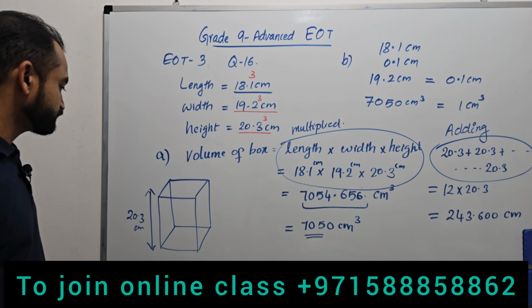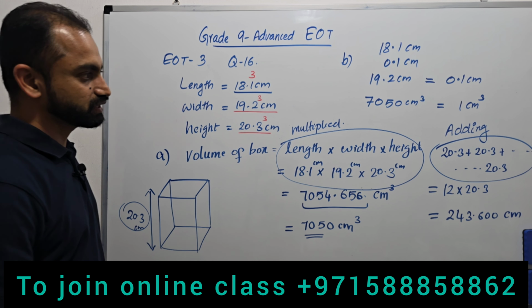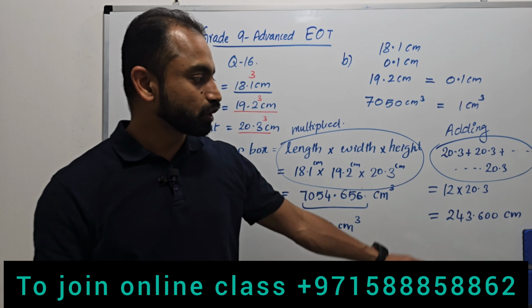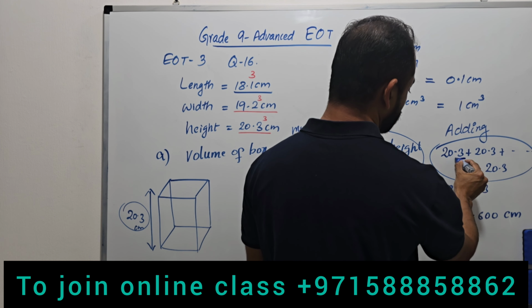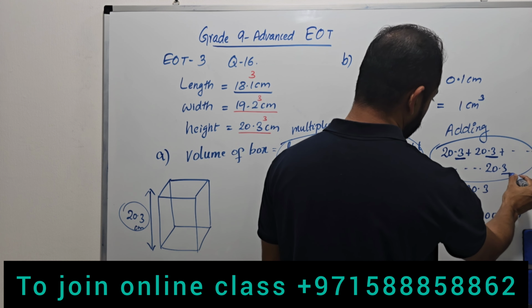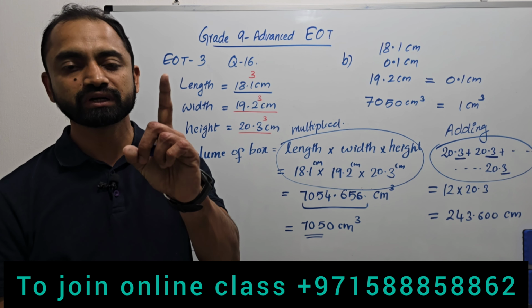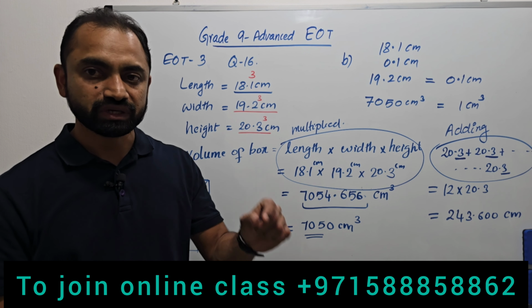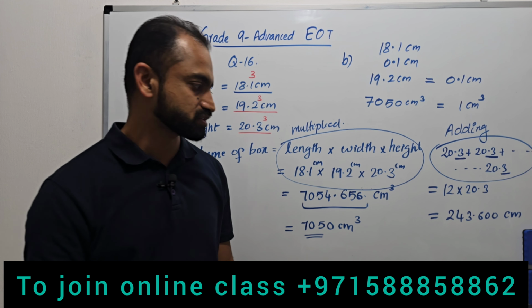Okay, so here in 20.3, we are adding 20.3, 20.3, like that. How many decimal places are here? Decimal places means the number of digits after the decimal. There is only one digit after the decimal. So in our answer also, there should be only one digit after the decimal.